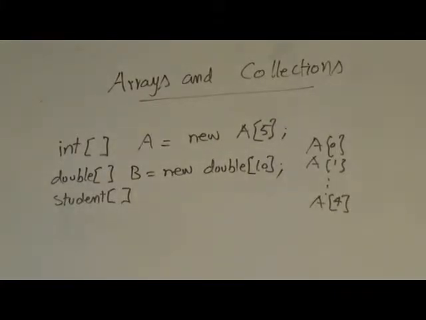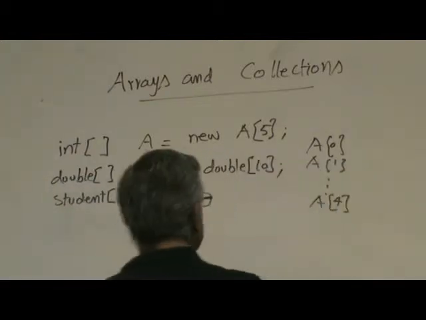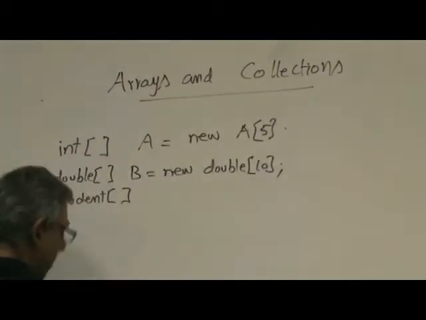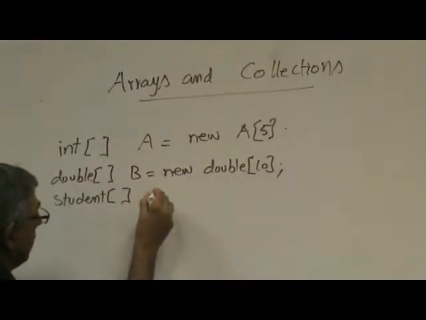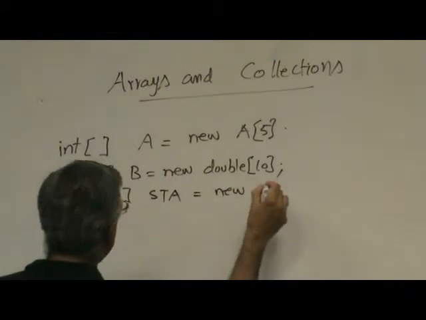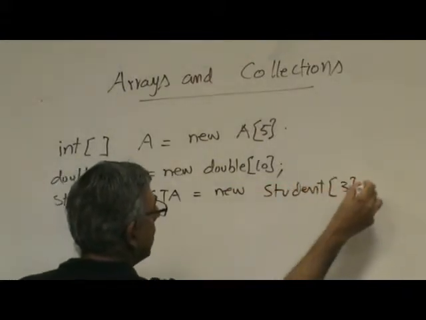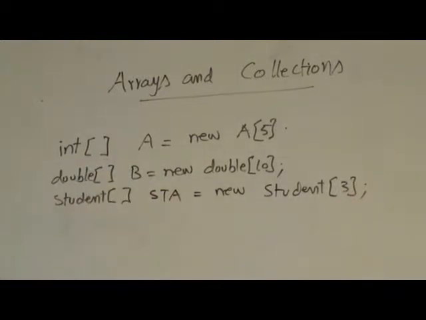What if you wanted to create an array of, let's say, 3 students? Then how would you say, for example, STA equal to new student 3? Does this give us the real memory for storing 3 students?